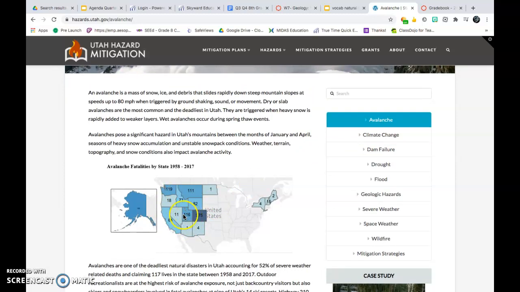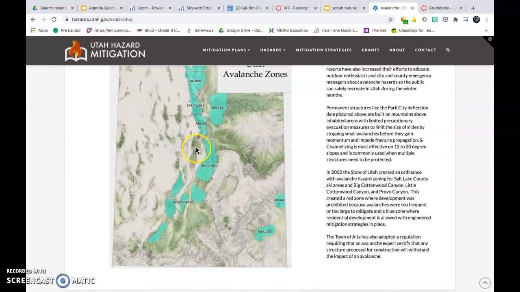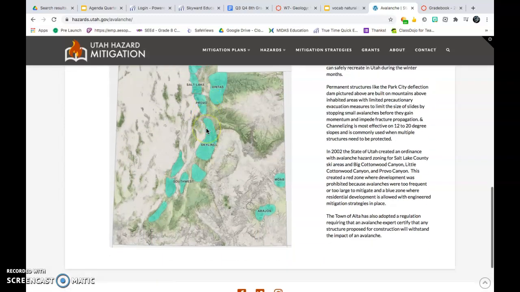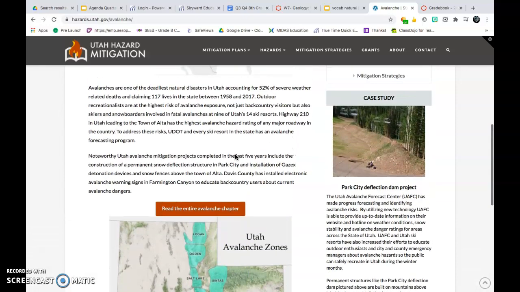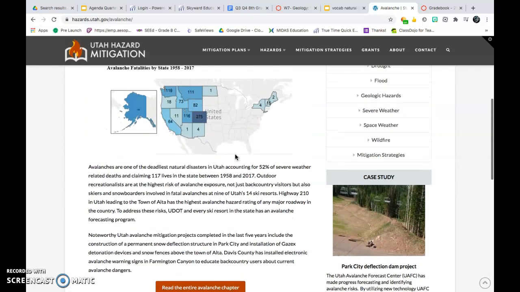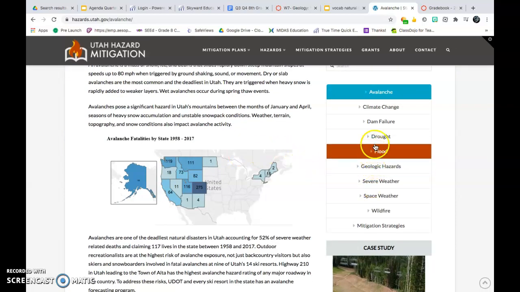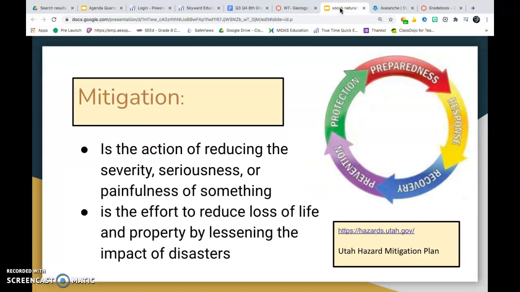We have 116 avalanche fatalities from 1958 to 2017. It's got the zones marked where avalanche hazards exist. It's got information, it's got data, but you can click through each of these. You can see what our plan is for each of these natural hazards.